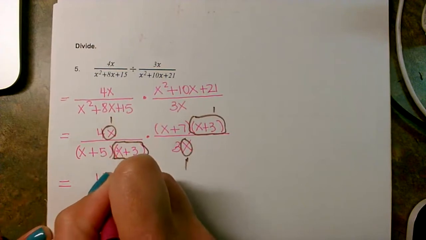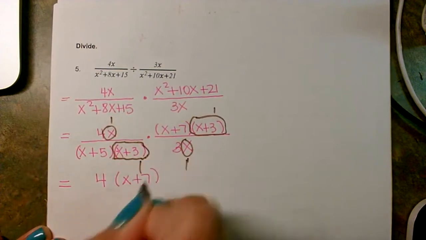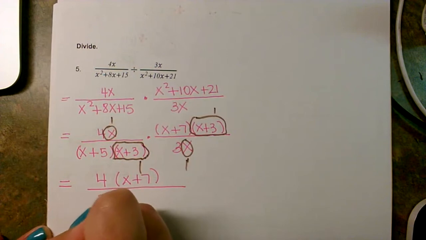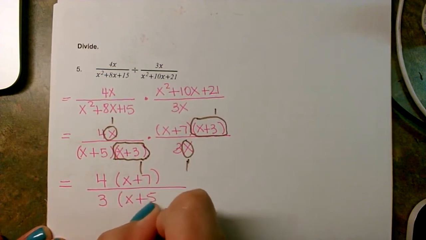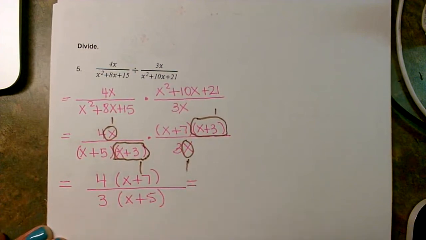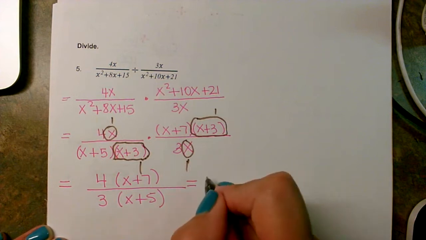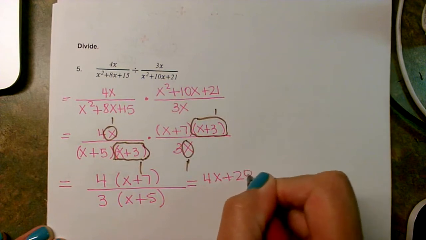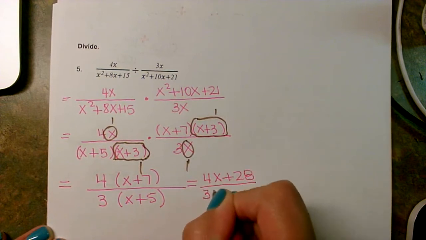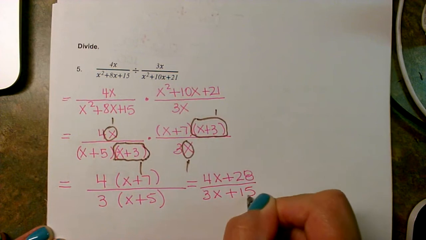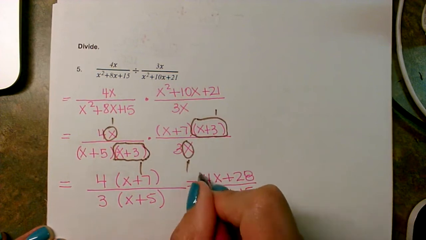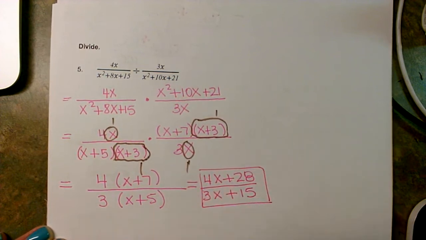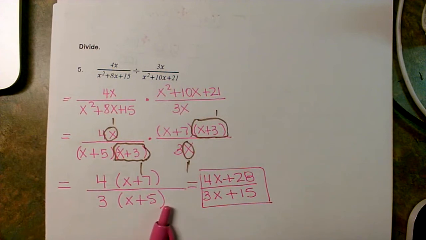We have a 4 times x plus 7, and we have a 3 times x plus 5. That's what we have left. So we're going to distribute that. It's going to be 4x plus 28 and 3x plus 15, okay? And that's our answer.